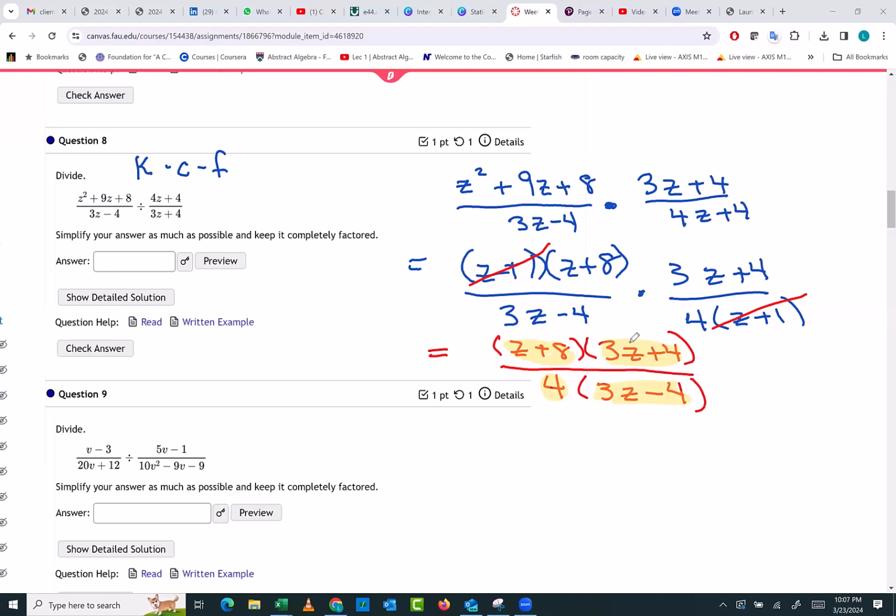I can't cancel terms means that I can't say, oh, I have a Z here and a Z here. That is not legal. You cannot do that. And there's nothing, even though we have a 3Z and plus 4 on the numerator and a 3Z minus 4 on the denominator, again, nothing cancels.